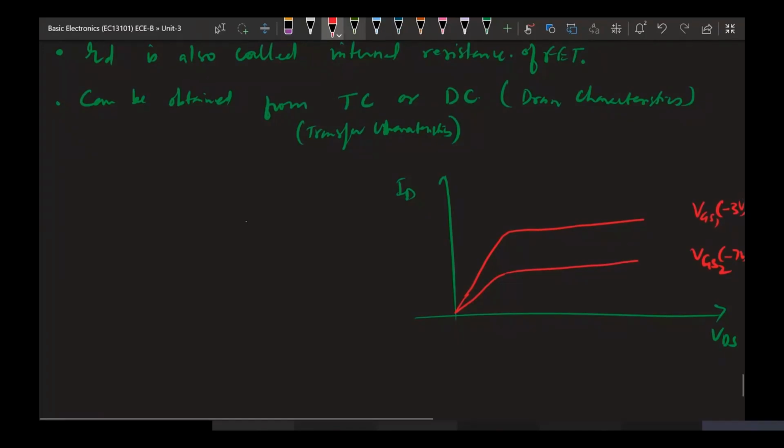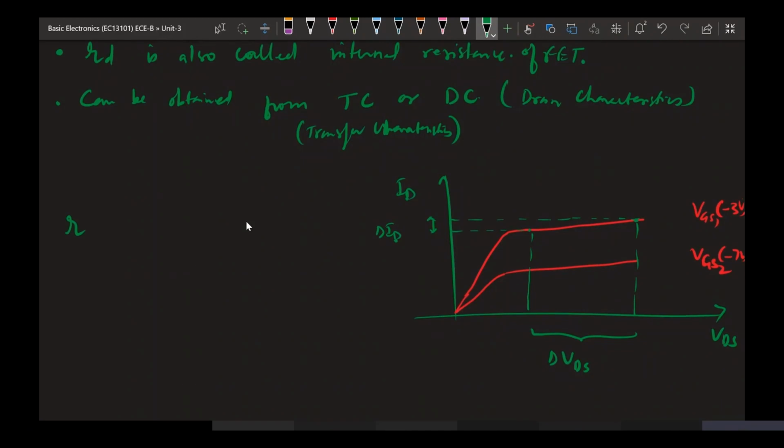Here suppose this is the value and another current is here, and this is the voltage. So this is the change in VDS, and this is the change in ID.